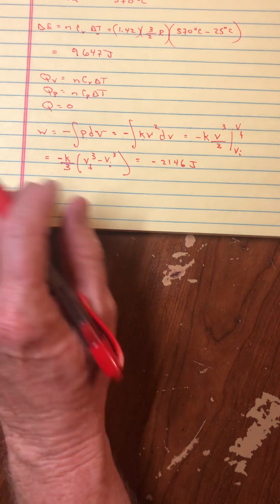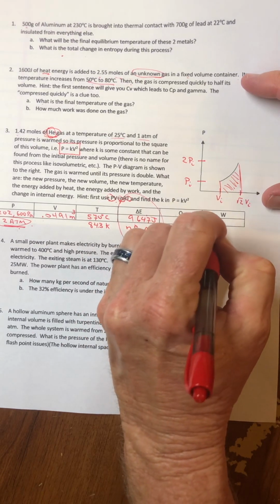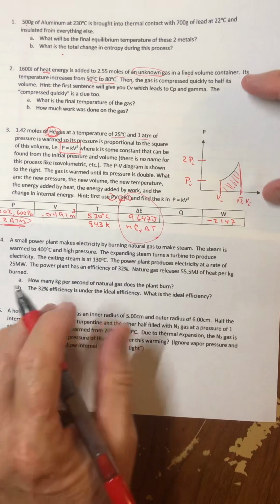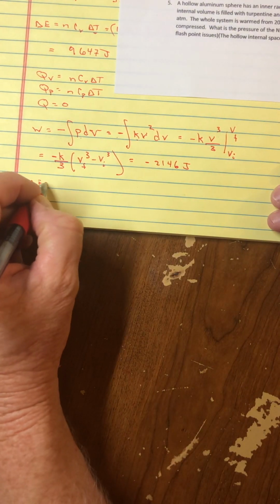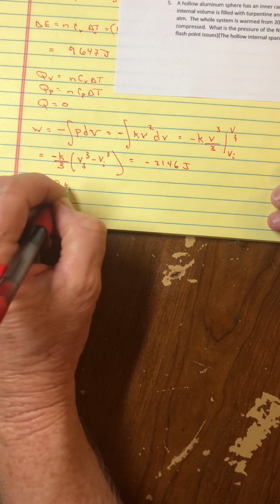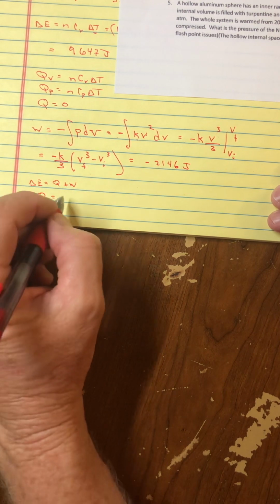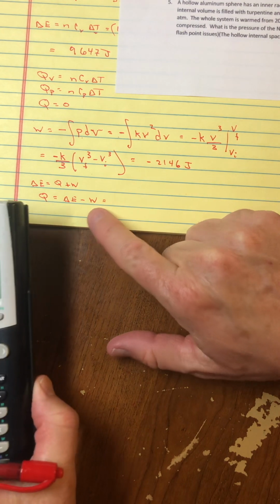And so if I put that in this little box, negative 2147, I can now finish this by saying delta E is equal to Q plus W, or put another way, the Q I want would be the delta E minus the W, which is a negative number, so it's minus a negative.